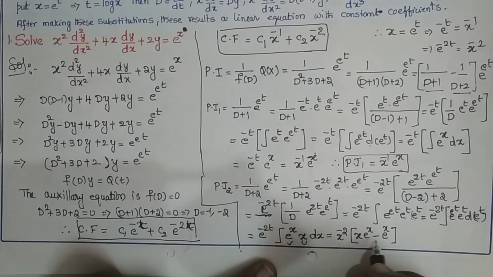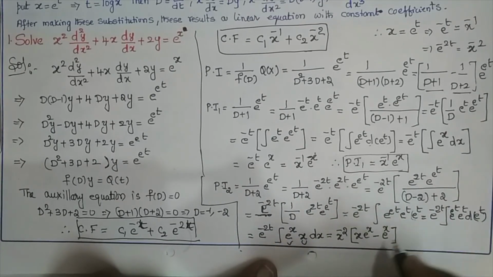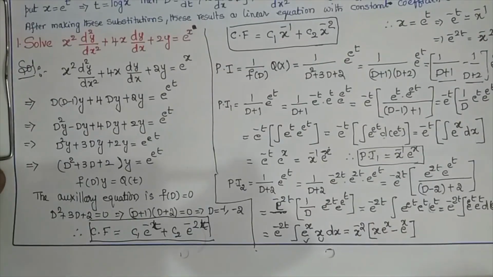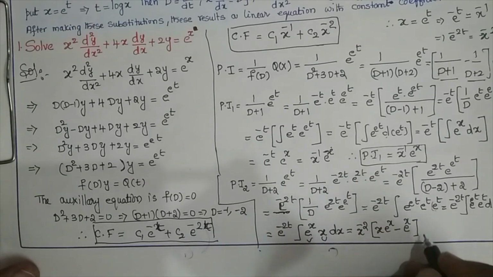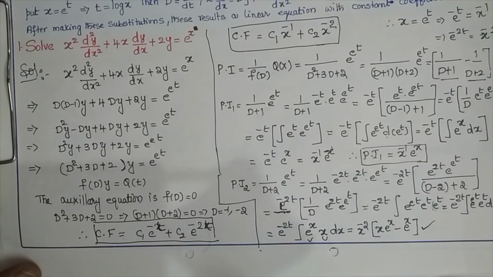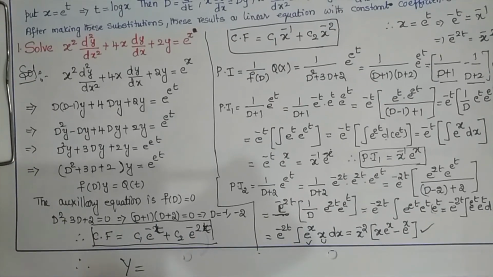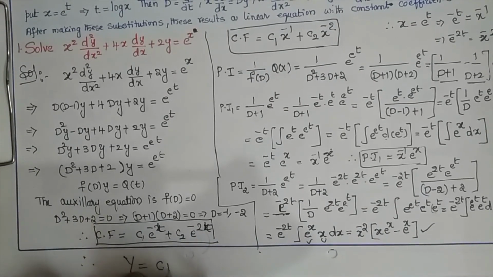This is PI2. So after getting PI1 and PI2, therefore the general solution y is equal to CF plus PI.